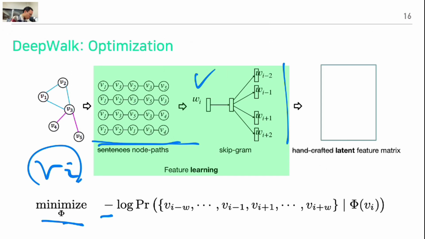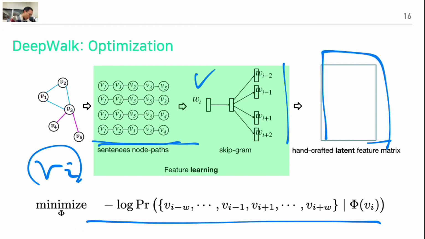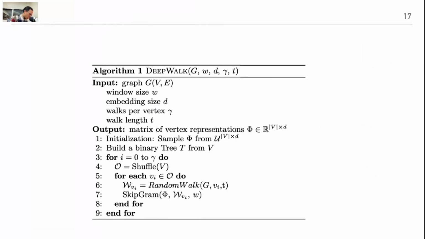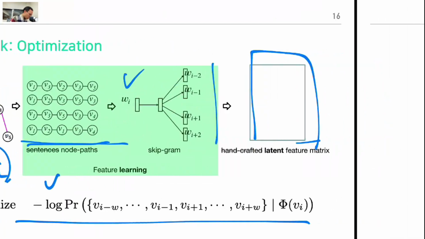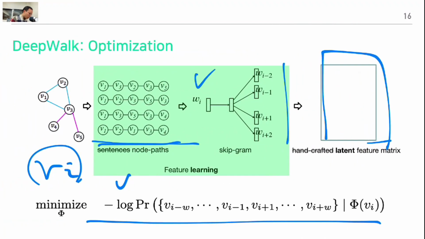We try to look for the latent matrix which minimizes this value. We just put the logarithm as well. So this is the objective of DeepWalk.